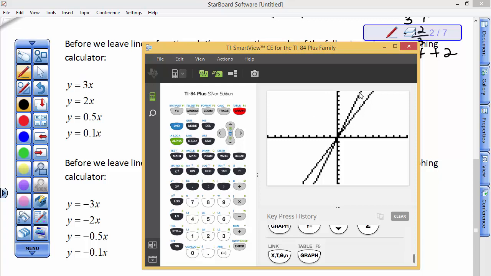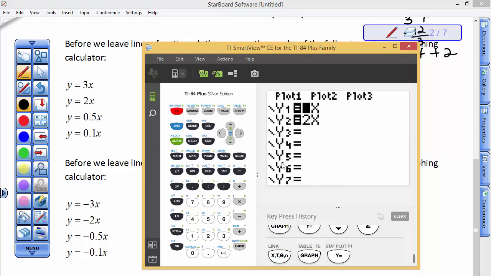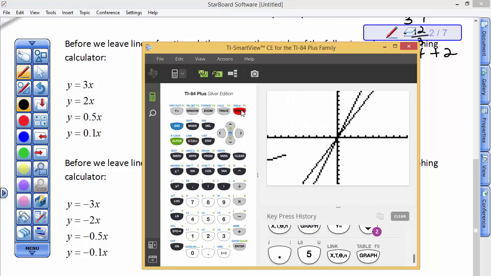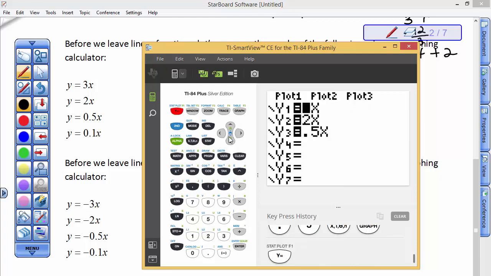And then I'm going to go ahead and put in the third entry, y equals 0.5x, and watch how that one's getting to be kind of flat because that slope is so small. And finally, let's go in and put in 0.1x and hit the graph key, and you can see almost a flat line, a very, very lightly inclined slope.